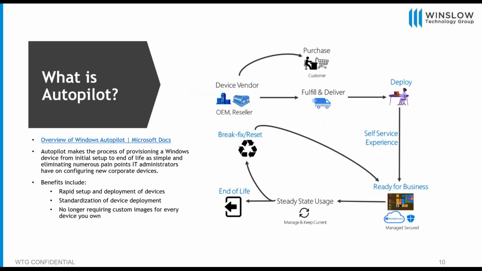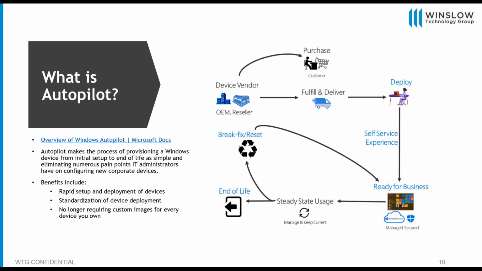That one key area that really makes a big difference at the end of the day is Autopilot itself. So the graphic does a great job of what the whole workflow process looks like, but if you're running through a scenario where you're even talking to Winslow and you're saying, hey, I need 40 devices, how are you going to image those devices and get them to your end users and make sure that they're ready to go?